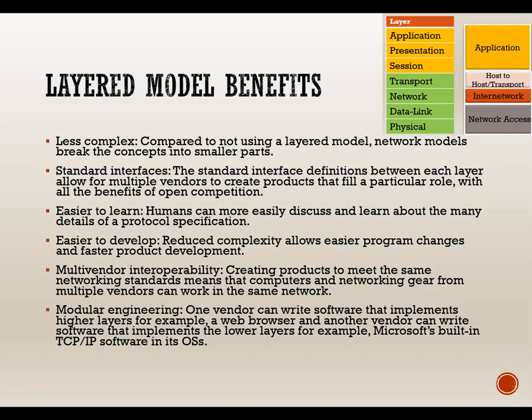So, last slide here, layer models, and I think this is the same place that we started with: less complex compared to using the layered model. Network models break the concept into smaller parts so that it makes troubleshooting easier when you start trying to find out why the data isn't getting from point A to point B, what's not working.